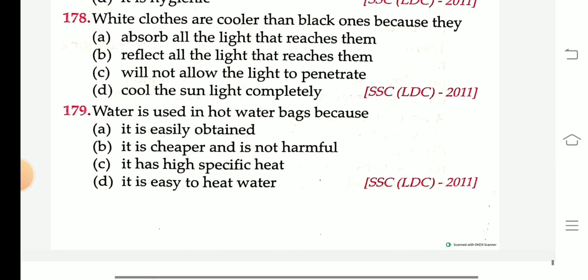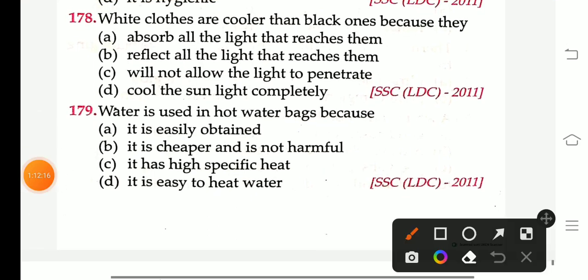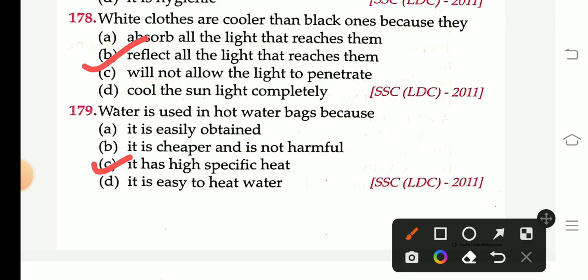Next, white cloths are cooler than black ones because they, right answer will be option B, reflect all the light that reaches them. Next, water is used in hot water bags because, right answer will be option C, it has high specific heat.